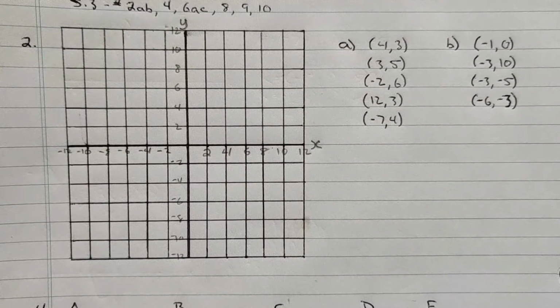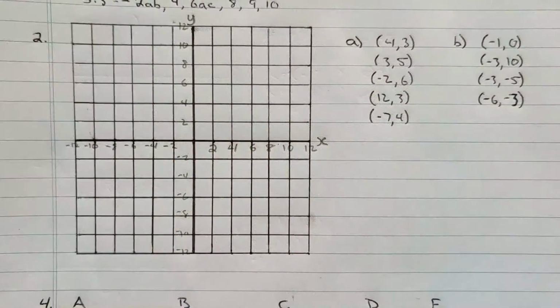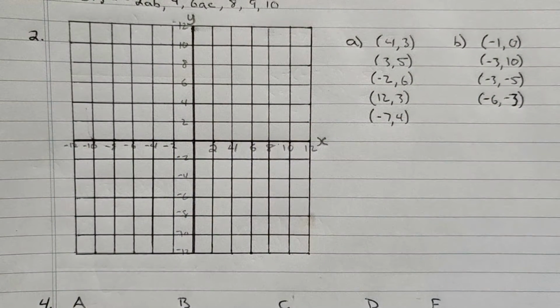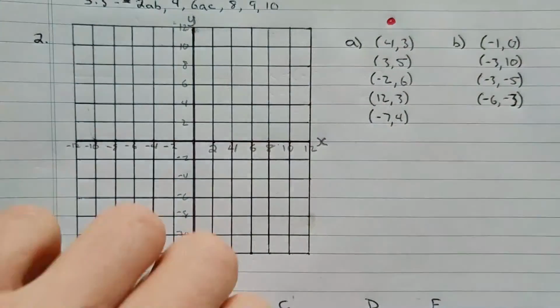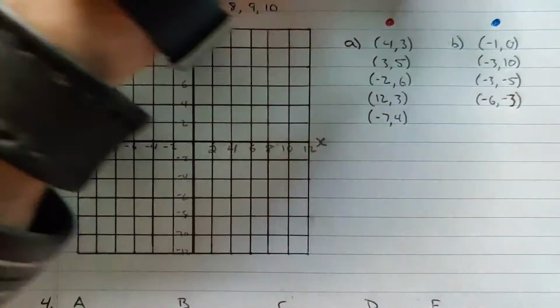So now we're going to actually go about graphing this, or plotting these points. So we're not actually graphing them, we're just plotting points. I'm going to use red for A and blue for the B points.